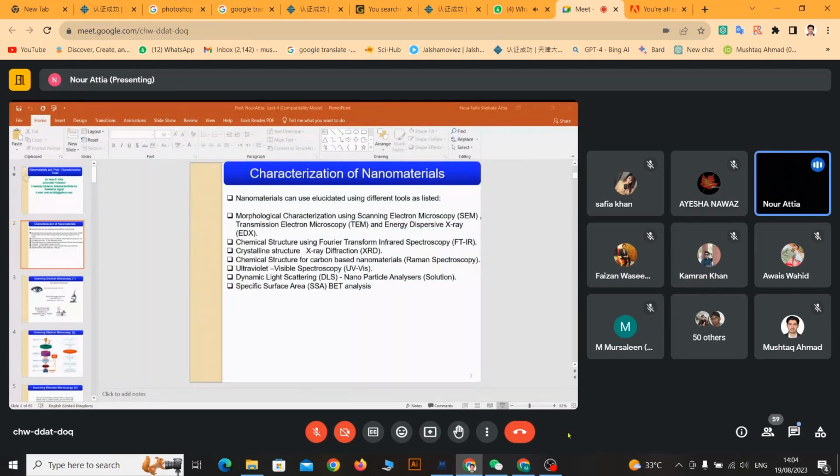Okay, so I will just show you the main characteristic tools utilized for the characterizations of nanomaterials. Actually, if you are preparing one of the nanomaterials without these characterizations, your work is incomplete. But if you did these characterizations, then your work can be published.